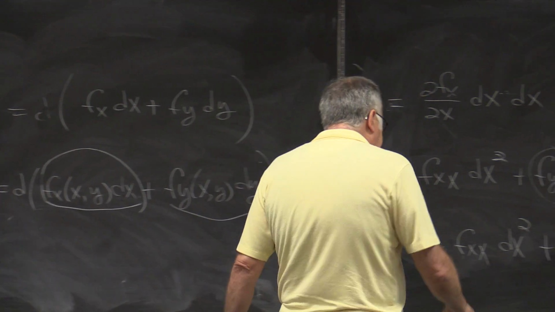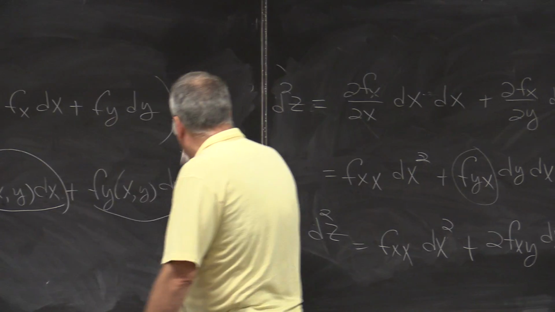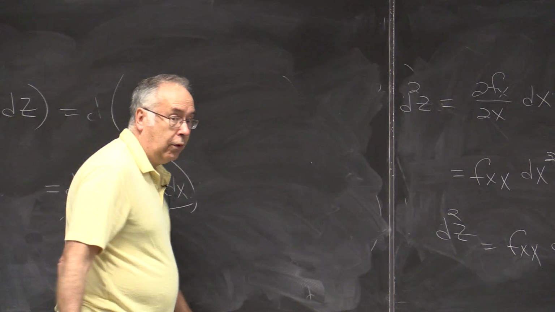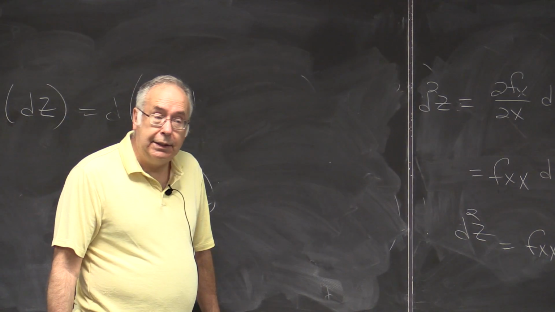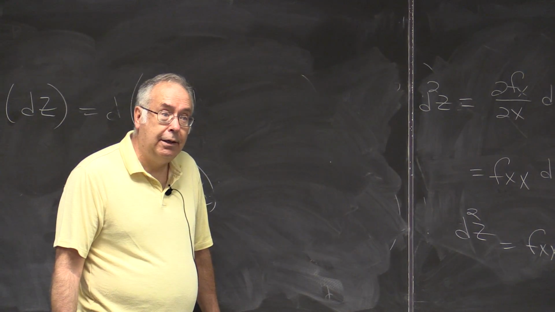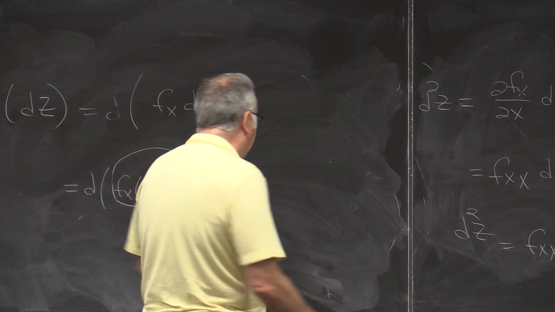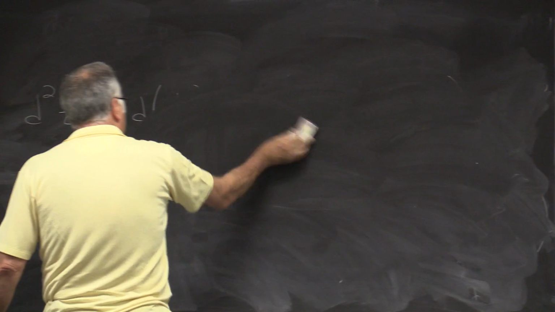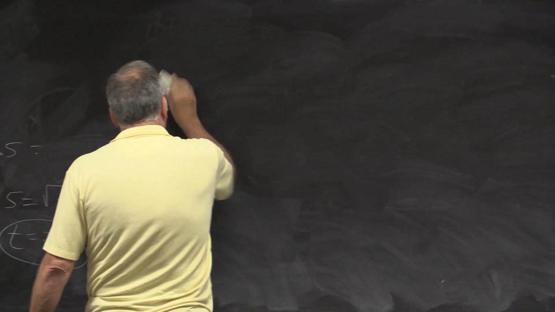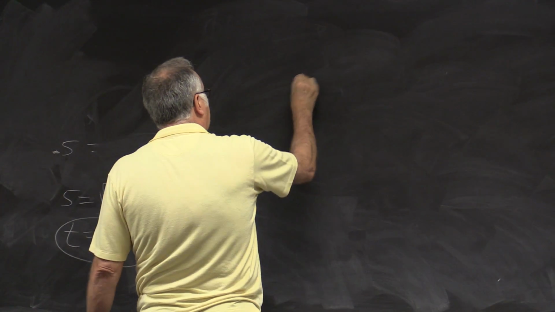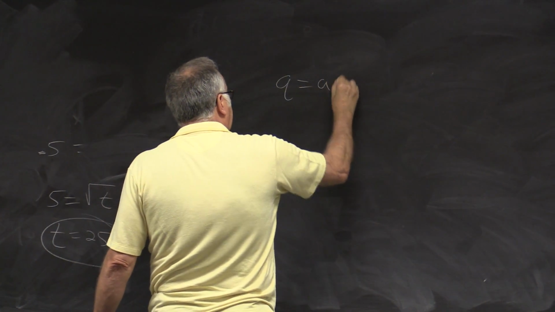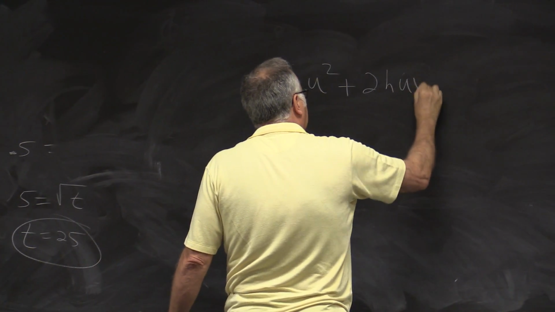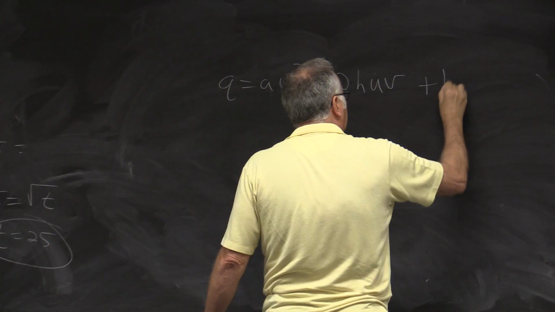Now, this second order total differential is a quadratic form in dx and dy. Let me write this again. Let's use our earlier notation. Q equals a u squared plus 2huv plus b v squared.